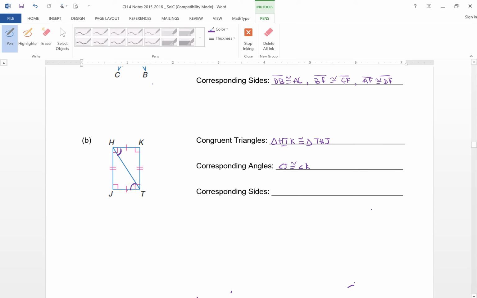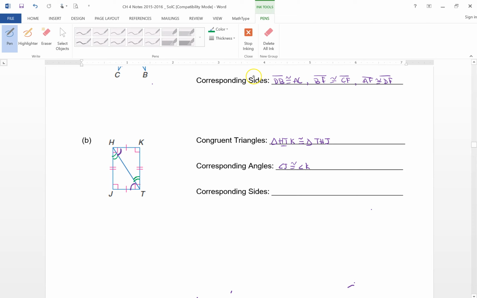Okay, so those are congruent. Here, this is the angle between the diagonal side and the one with two tick marks. The diagonal and the one with two tick marks is this one. Okay? So this is how we can match them up.